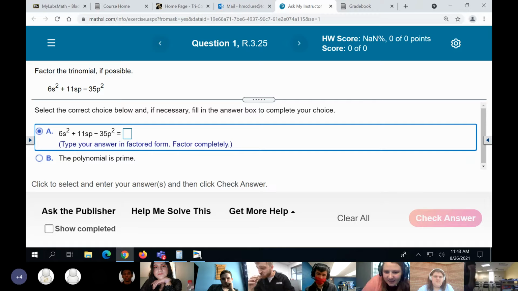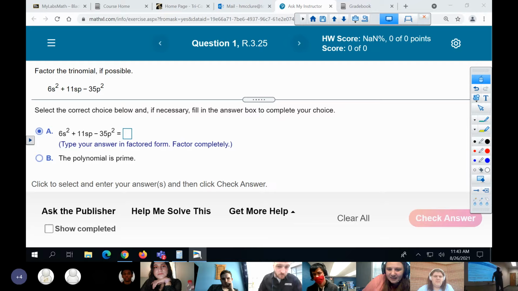All right. We're going to do the reverse FOIL.